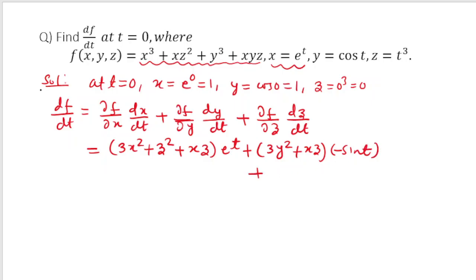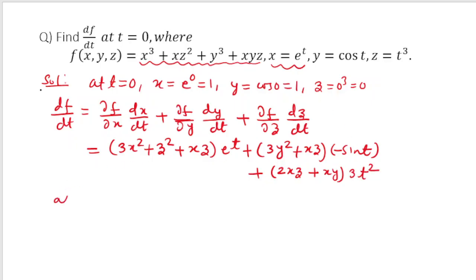And the last term, we have to differentiate it with respect to z. So x cube will become 0, xz square will become 2xz, and y cube will become 0, and xyz will become xy. And if I differentiate z with respect to t, I will get 3t square.